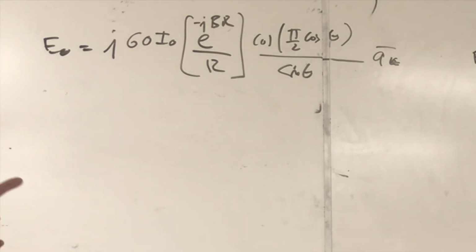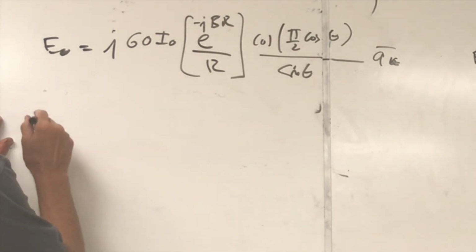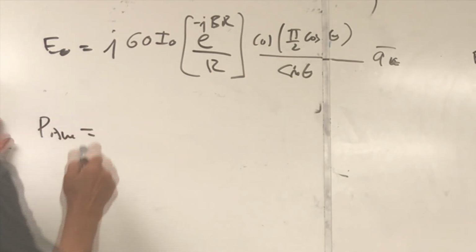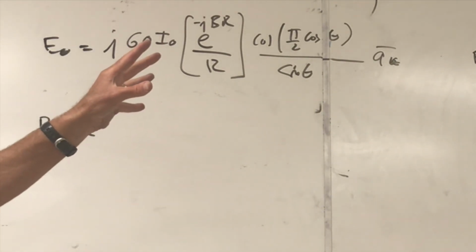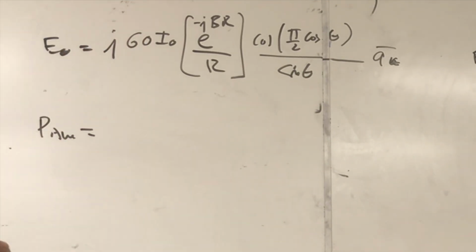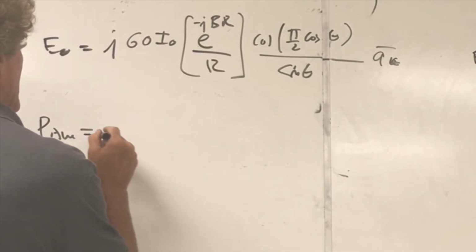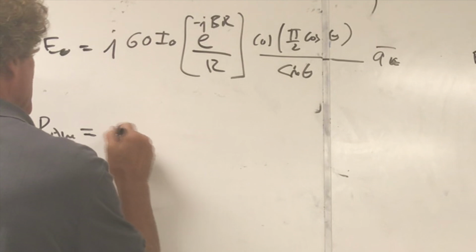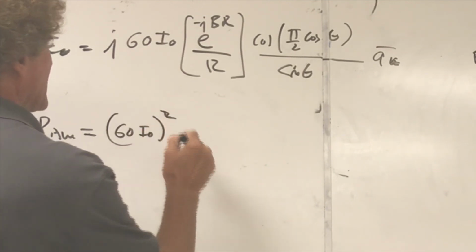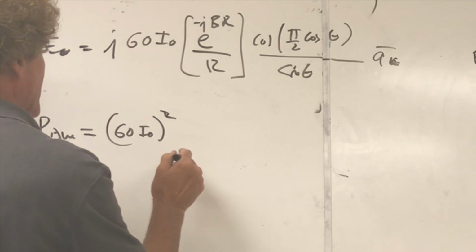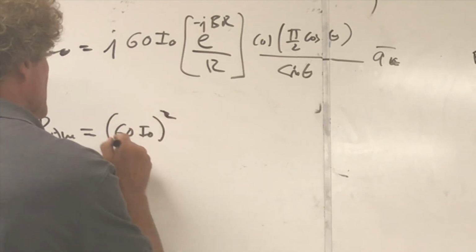Hear me on this one. So we could go ahead and say P average would just be what? Magnitude of that squared. You all hear me? Let's go ahead and do it. So if it's squared, I'm going to have 60 I naught, I'm going to just leave it like this, squaring it. Then it's going to be divided by r squared.